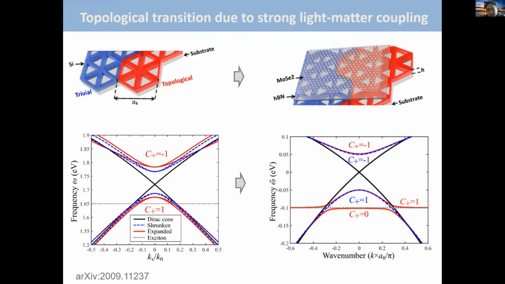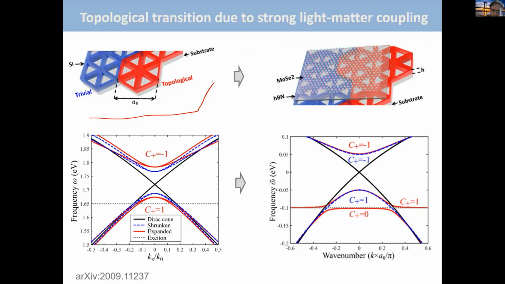So here, what really happens when we couple 2D material with photonic topological system? So this is the system. Again, we start with the system proposed by Barik, and we explore what happens if we place a transition metal dichalcogenide on top of the system.